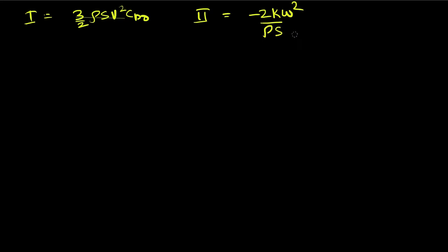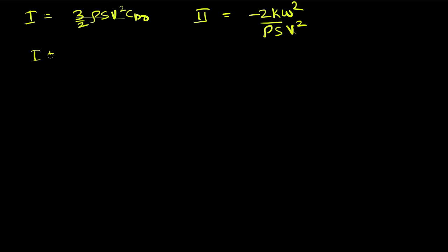So term 1 is 3 by 2 rho S V square times CD naught and term 2 is minus 2 k W square by rho S V square.